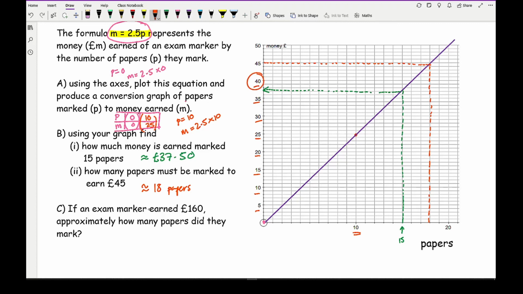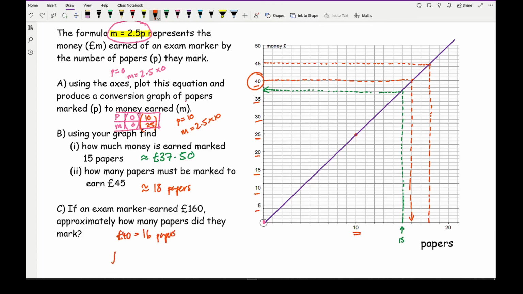Well, I know that if you mark 40 papers, well, £40 equals, if I look at 40 and then I project down, I get that £40 equals roughly about 16 papers.